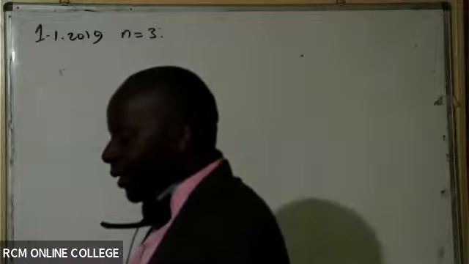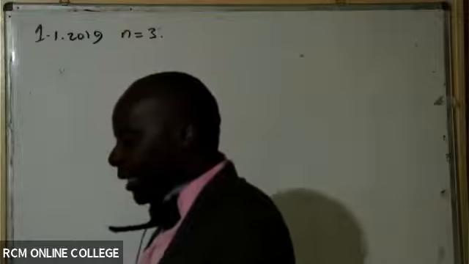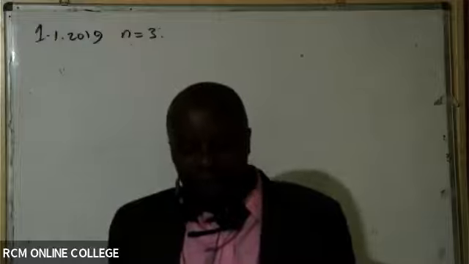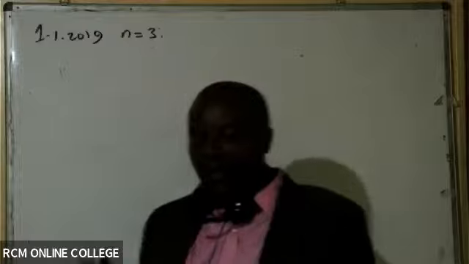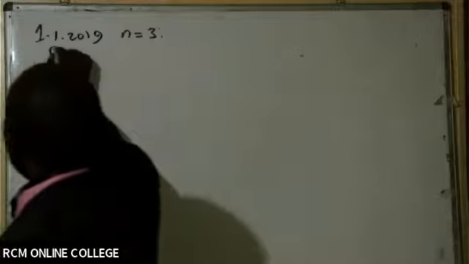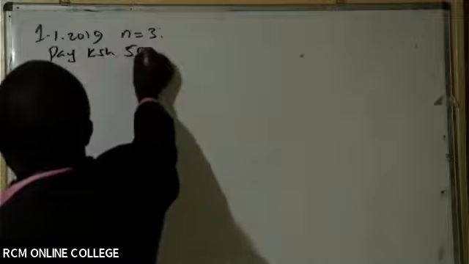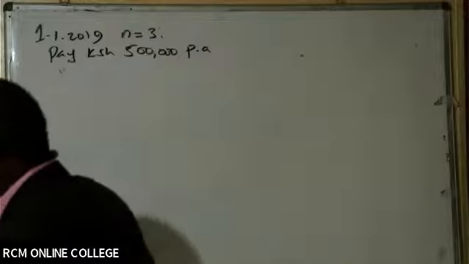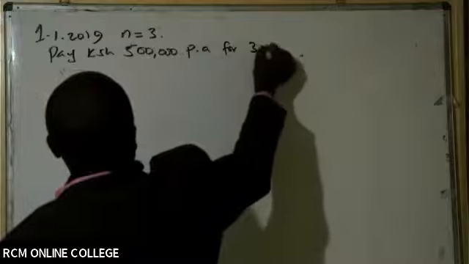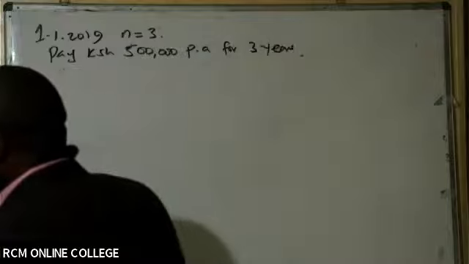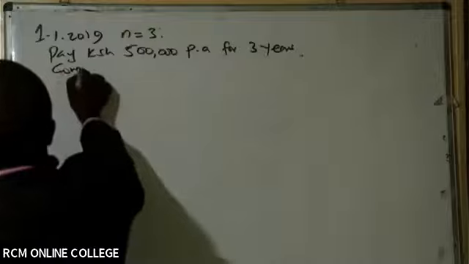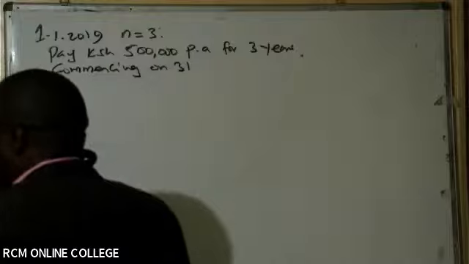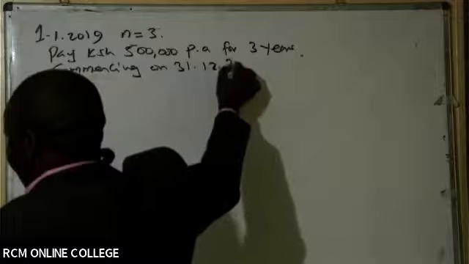Now, the terms of the lease are that Breakwood would pay Kenya shillings 500,000 per annum for 3 years, commencing on 31st December 2019.